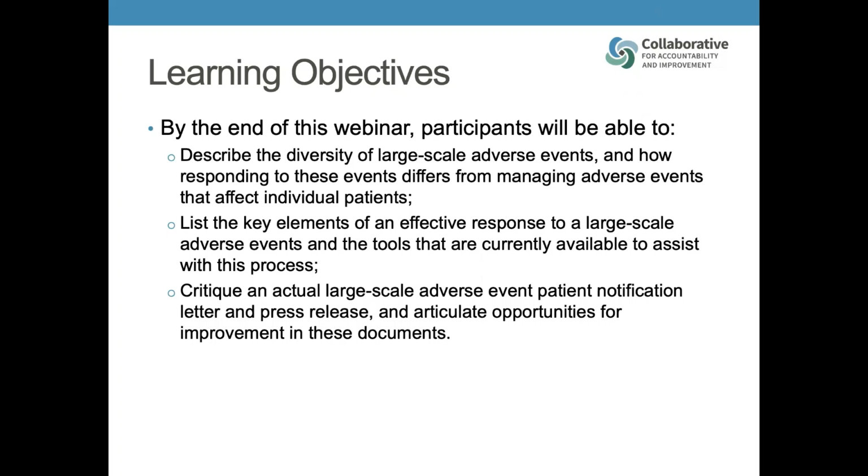One is exercise 1, written notification, and the second is a press release. So if for some reason you didn't get that email and don't have those documents, just shoot Steve Levy an email or note in the chat what your email address is, and we'll send those to you midstream so that you'll have them when we are thinking about those exercises a little bit later in the webinar.